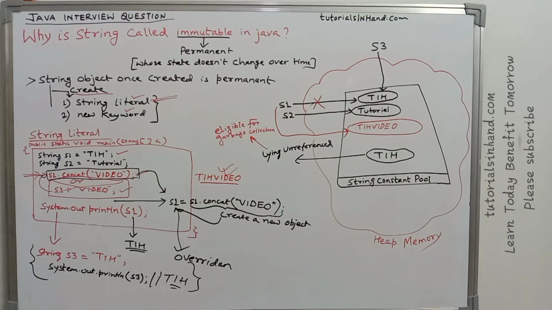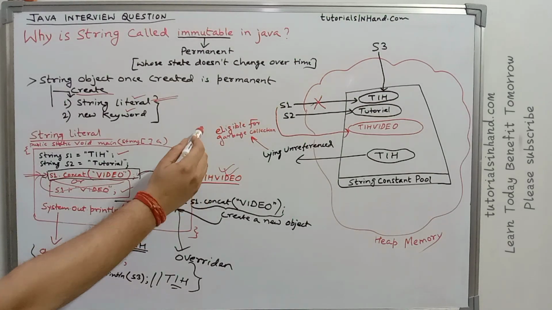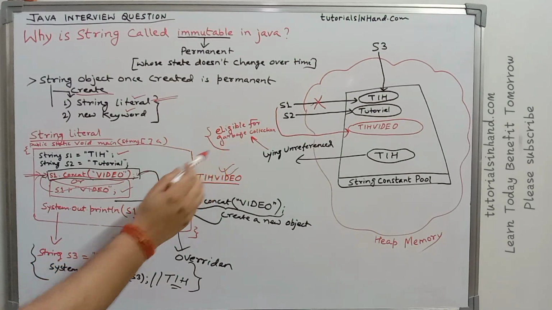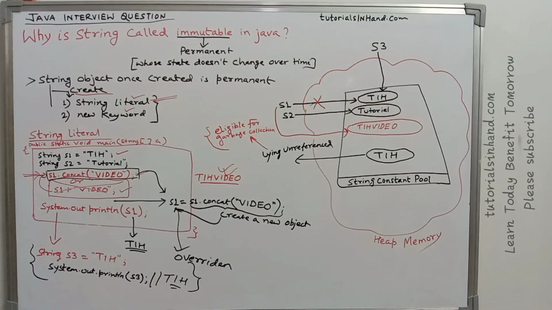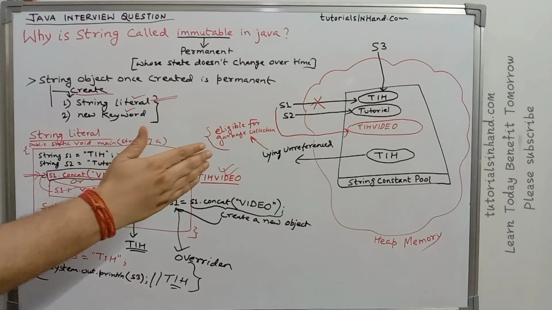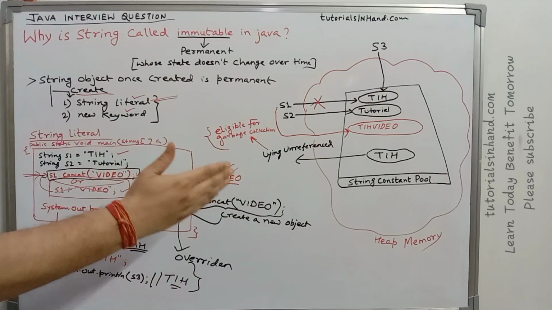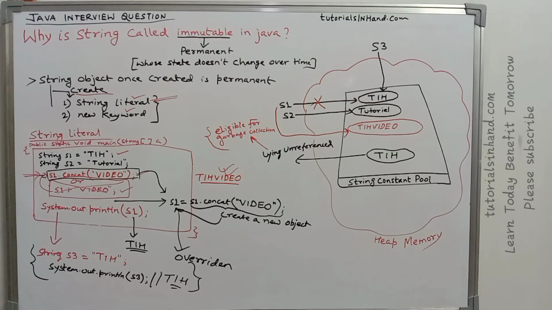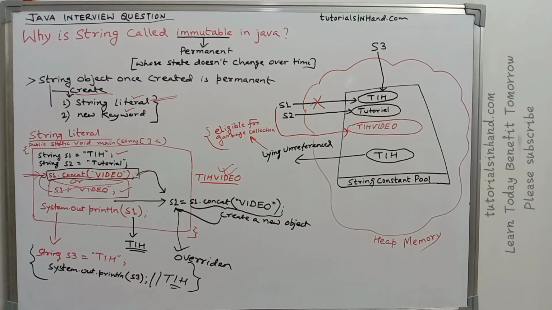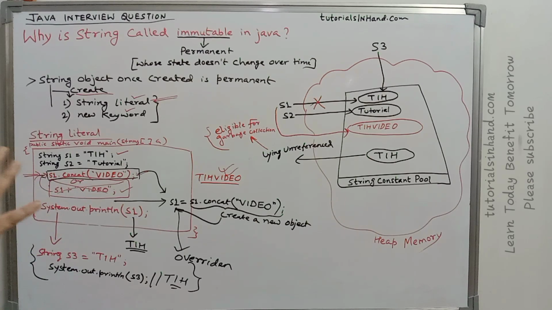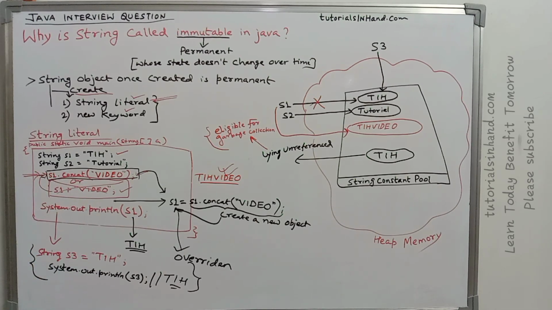Any unreferenced object will be eligible for garbage collection, right? So when the garbage collector runs, it will remove this unreferenced object TIH that is not referenced by anyone, or any other object which is not referenced by any variable.